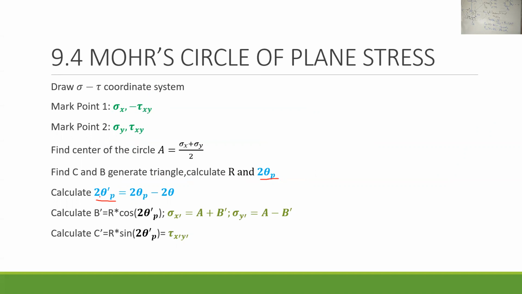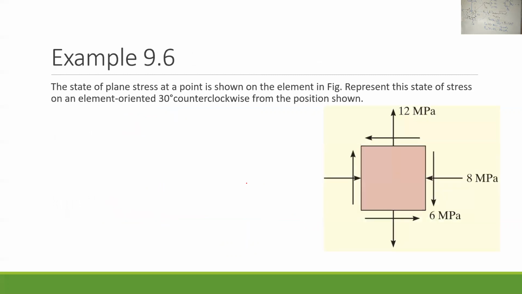After drawing the 2 theta p value, we calculate the B prime and C prime values by using trigonometry. Then we mark the second point and we find sigma x, tau xy and sigma y values. I think this example is a good practice. Actually, I have time. I can solve it. Maybe I can increase my speed.